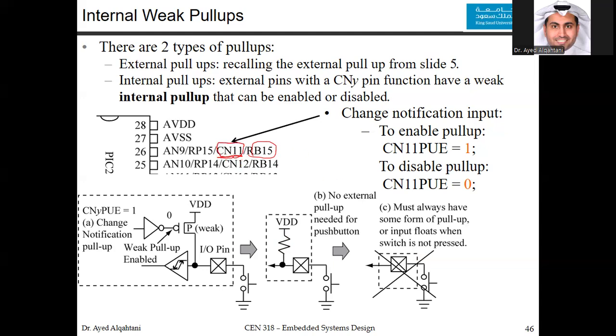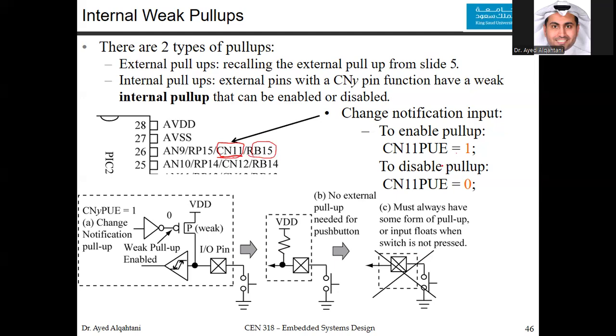So to enable that, we would say change notification 11 pull-up enable is equal to 1, if you want to enable it. If you want to disable it, you will make it 0.